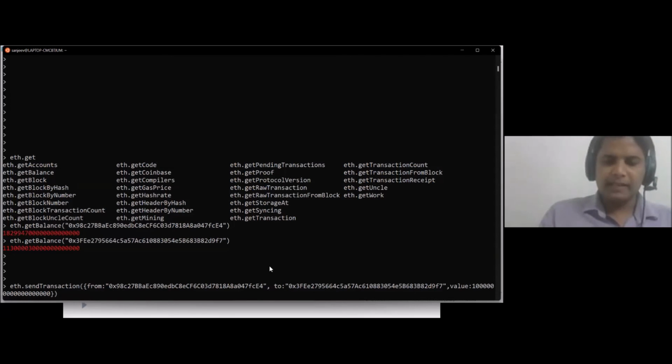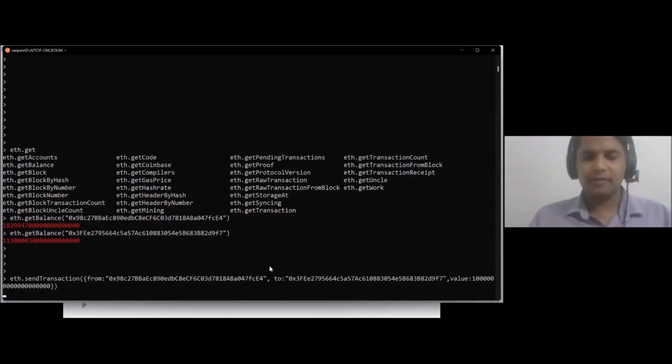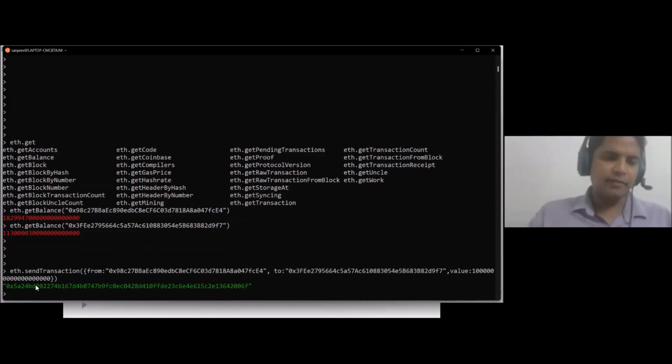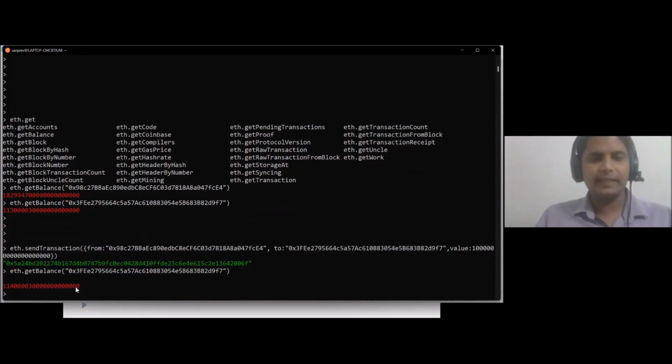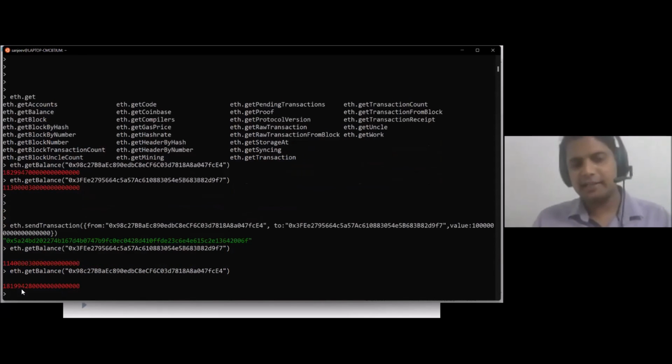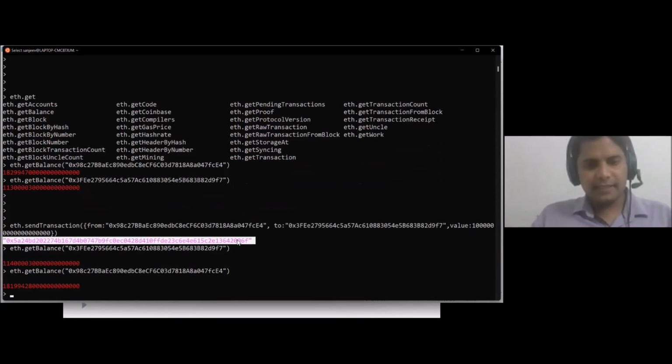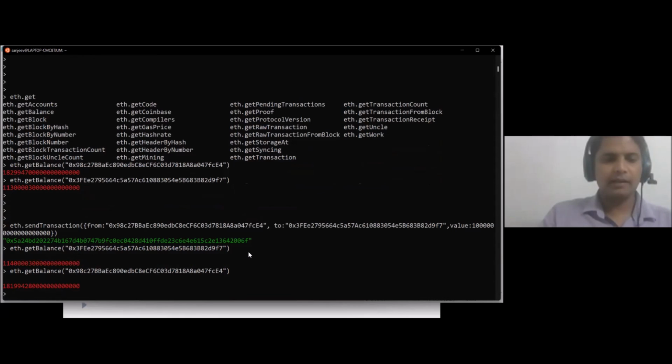That is 1 ether. If I do a transaction, it will give me a transaction ID, that is a hash. Now if I execute the balance of 3FE, it will say I have got 114. And if I check the balance of the first address, it will say 181.